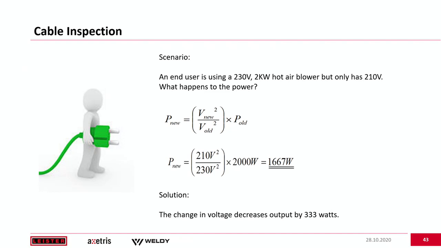Since you don't have enough heat capacity, it's going to require a longer dwell time to make sure that you put out a good quality product. And the quality of the product could be impacted. So if you have a tool that's actually providing less power at this point, you could potentially have products that are not meeting your quality specifications.